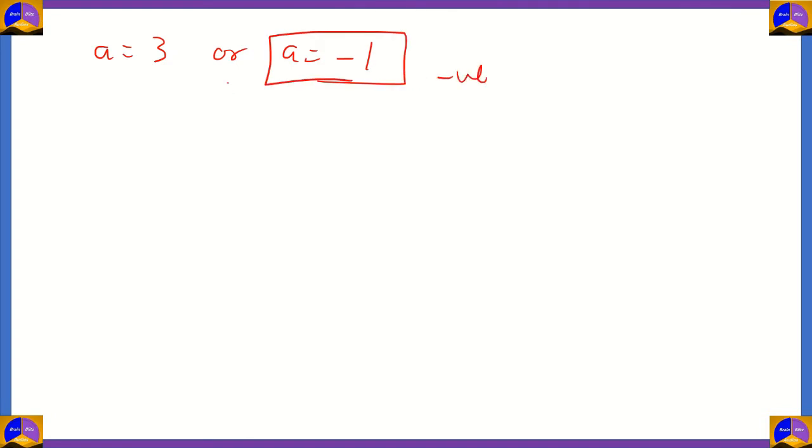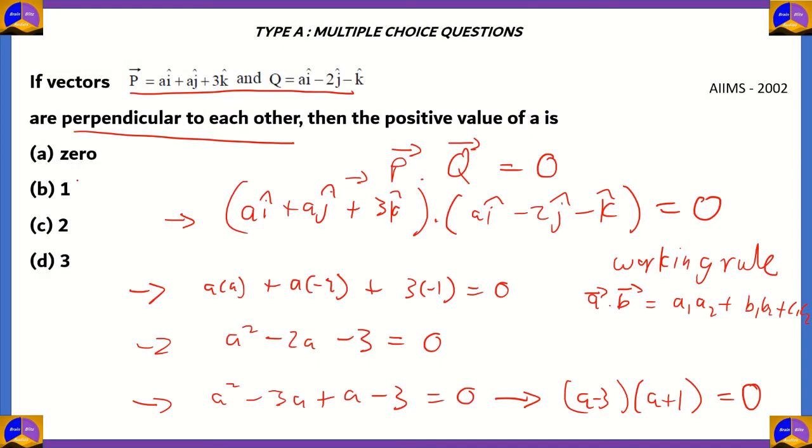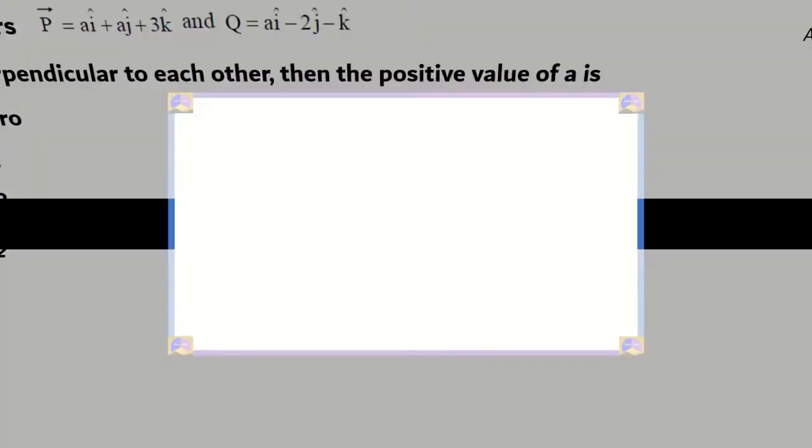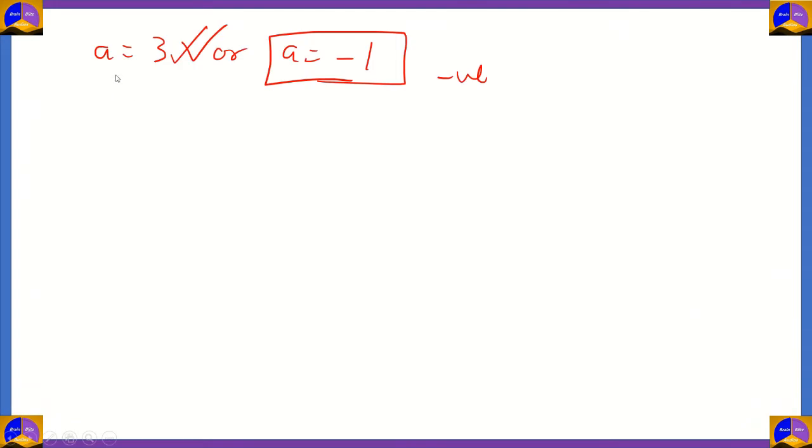That means the final answer that we get is a equals 3 or a equals minus 1. But remember that minus 1 is negative, and the question is asking us to find the positive value of a. So option D, 3, is the right answer for this question. a is equal to 3.